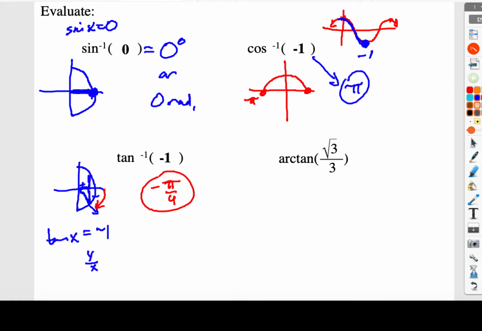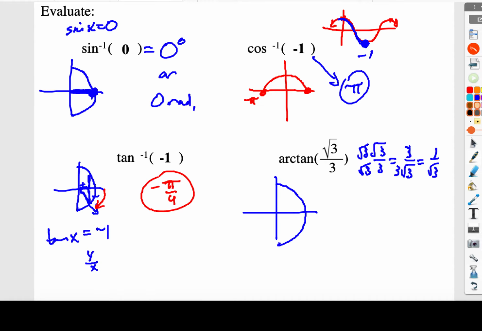And then finally, the arctangent, again, it would be helpful to think of where √3/3 would have come from. Well, remember that √3/3 is the same thing as 1/√3. If we re-rationalize, we multiply by √3 both top and bottom, you would have had 3/3√3, cancel the 3's is 1/√3, and tangent being positive, if we think about our Santa's cap, tangent's only positive up in quadrant 1, or down in quadrant 3, but again, we don't want quadrant 3.